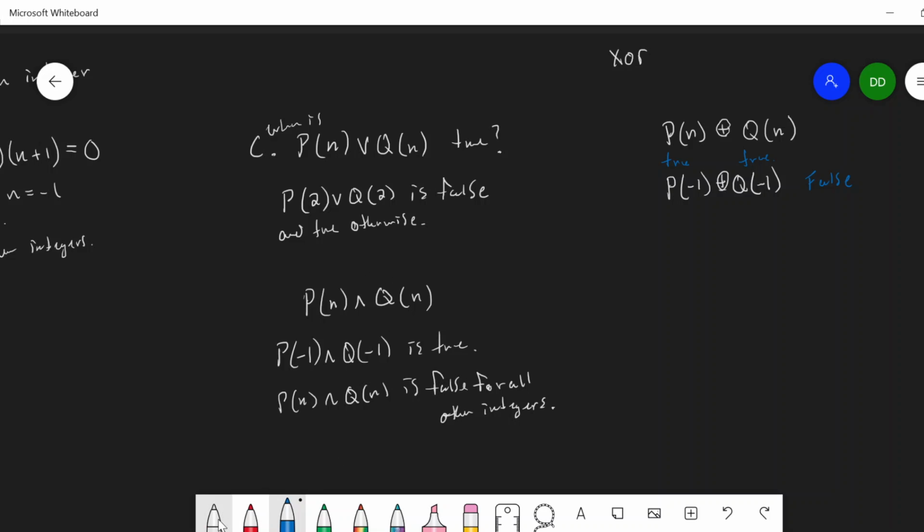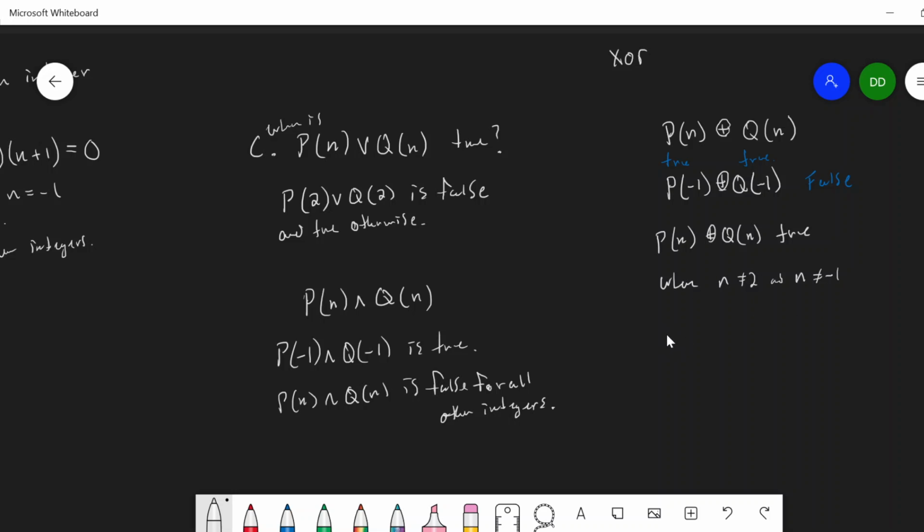So it looks like P of n XOR Q of n is true when n is not equal to 2, because then the OR operation would be false, and n is not equal to -1, because that makes the AND operation true. And in that case, as we saw, we'd get a false. So it looks like these are the only two that don't work.